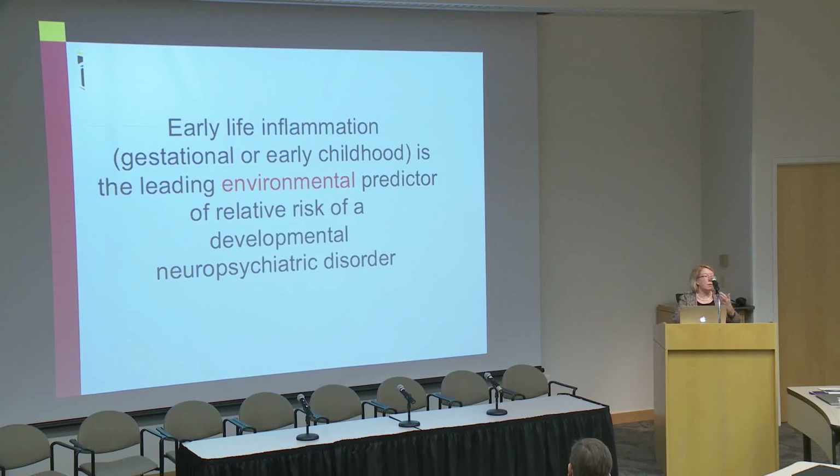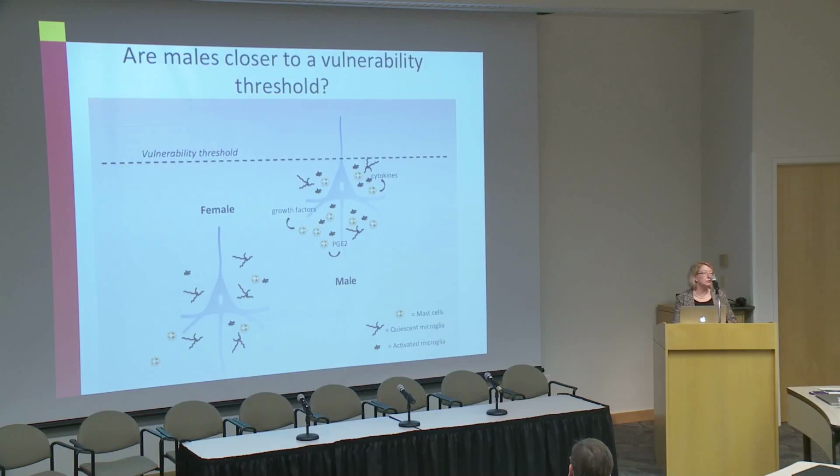I'm bringing up hormones and environment as the two variables, and they have to be acting on a genetic background. But the question is, are males closer to a vulnerability threshold with their higher rates of prostaglandins, more microglia, more mast cells, more inflammatory cytokines, et cetera, so that when an inflammatory insult does occur, they're just standing that much closer to the cliff, and they're going to go right over the edge, as we all know little boys always do. Get away from that edge, you're going to die.